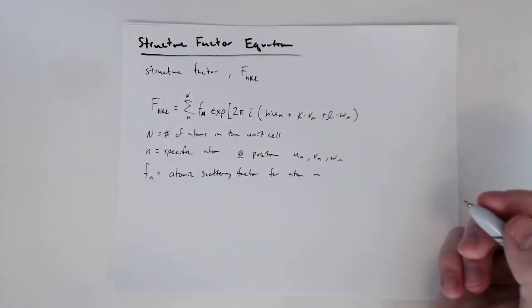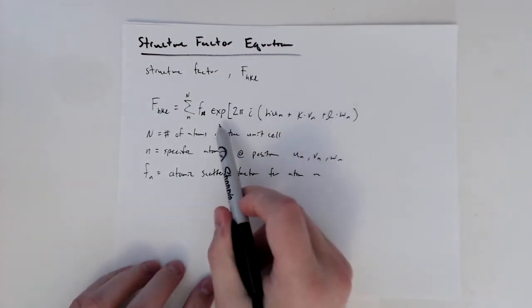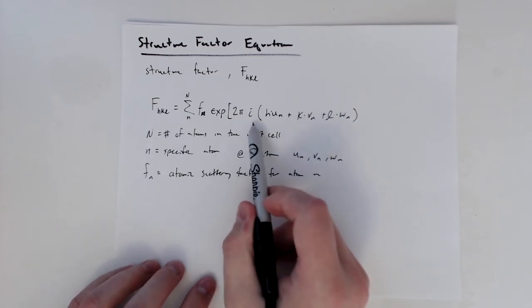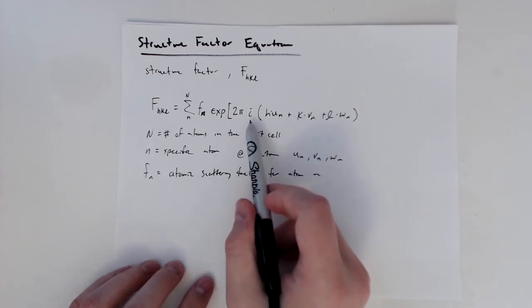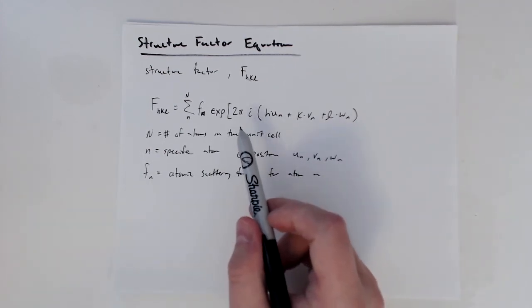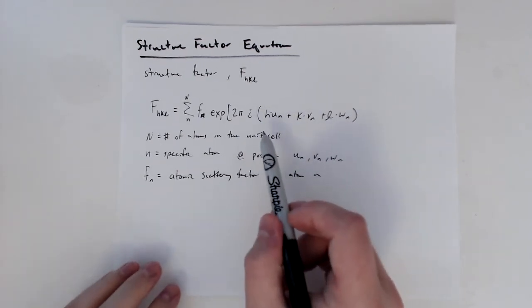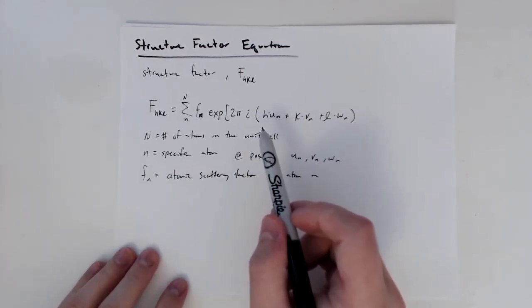All right, a couple other notes I wanted to bring up while we're talking about this is that we have this exponential of a 2 pi i term, and this is kind of important. There's an imaginary number in here, and this has some implications for the math.